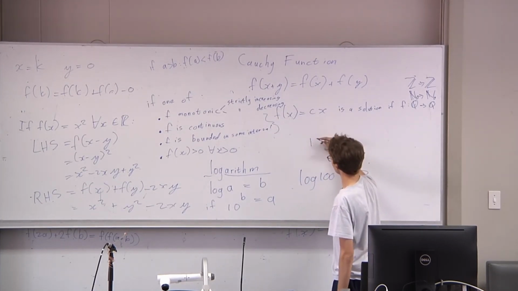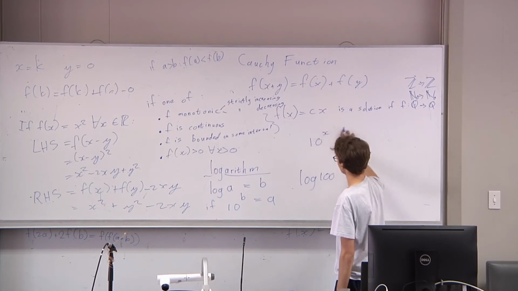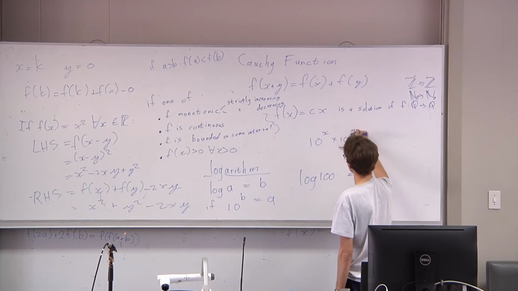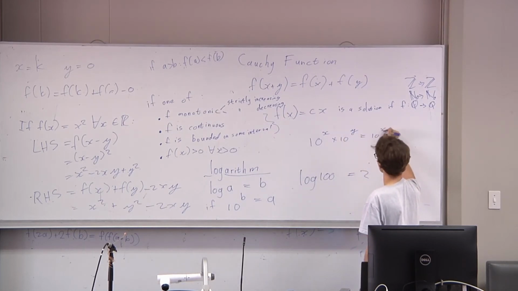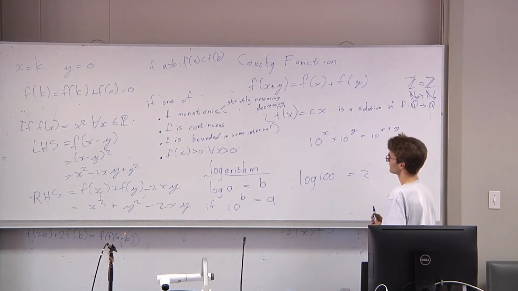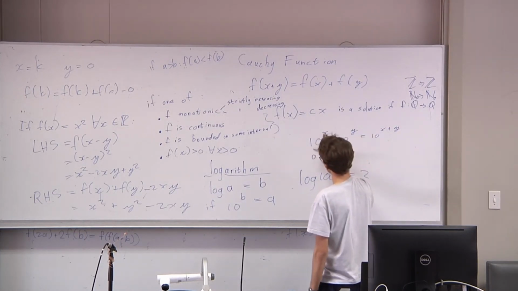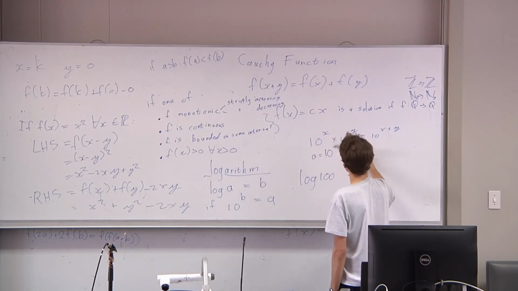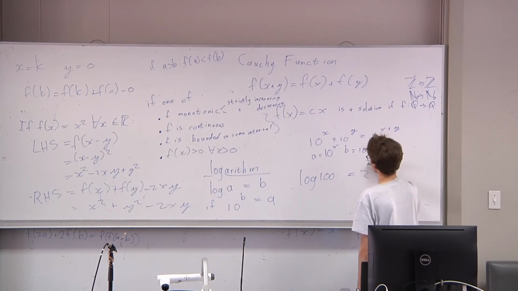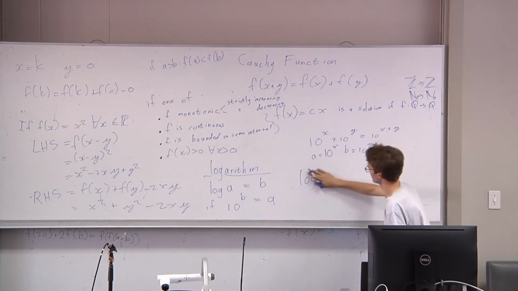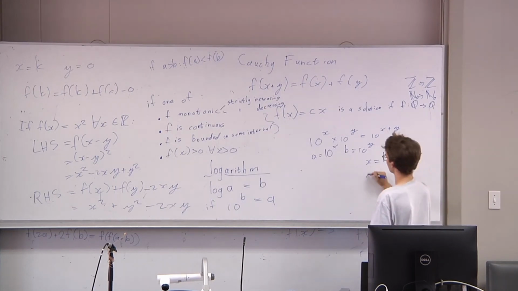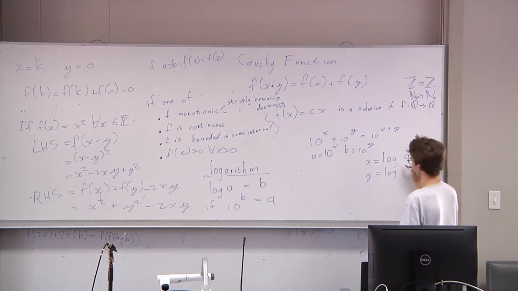So if you get a equals 10 to the x, b equals 10 to the y, then you can say that x is log of a, y is log b.